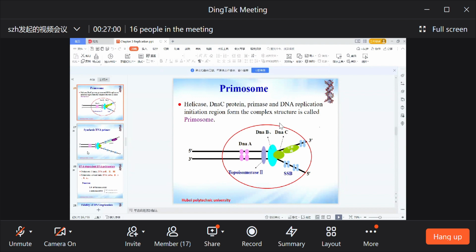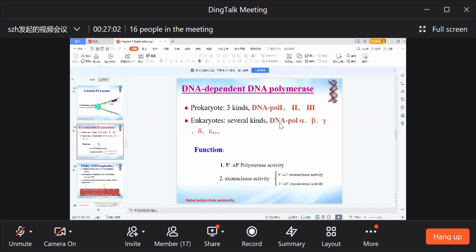Another one: for the DNA polymerase, in prokaryotic organisms you can see three kinds of polymerase, DNA polymerase 1, 2, 3.